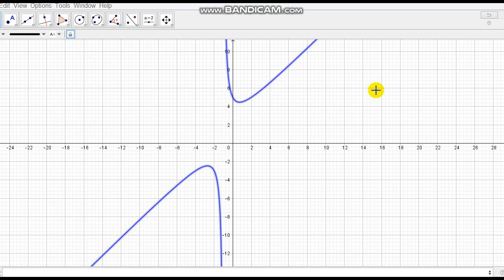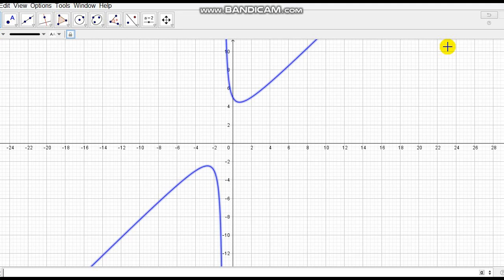Now let us check if the asymptotes that we just solved correspond to the graph, if it really approaches the graph or not. Now I have here this graph. This is f of x is equal to x squared plus 3x plus 5 all over x plus 1, our example earlier. Now, if we type the asymptotes, we should be able to see that the graph approaches that line, but it never reaches it.